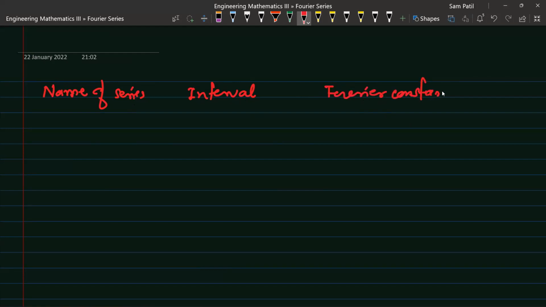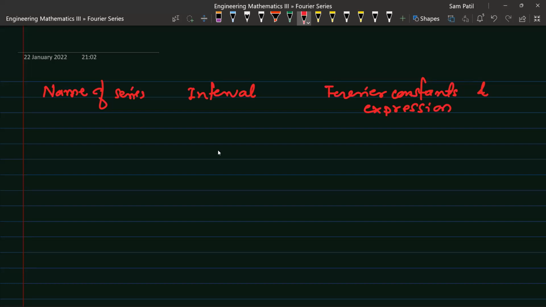I will specify each possible interval they may give us, and what the Fourier constants and expression should be for that particular function in the given interval.